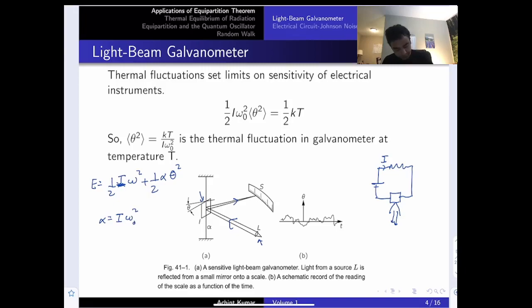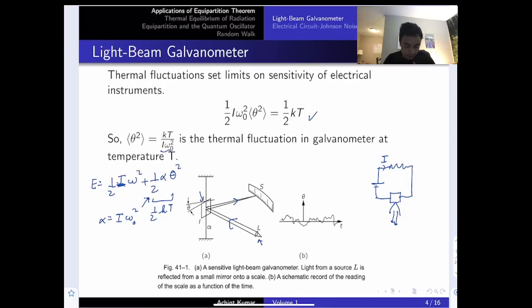So I'm going to plug that into this expression, and I know each quadratic term of the energy has an energy associated with it equaling half kT. So this has a mean energy which is half kT, and that's the expression you see here. I solve for the average value of theta squared and I get this expression.